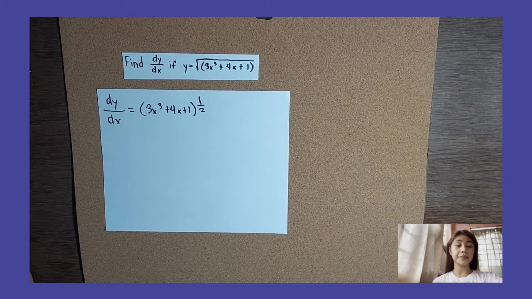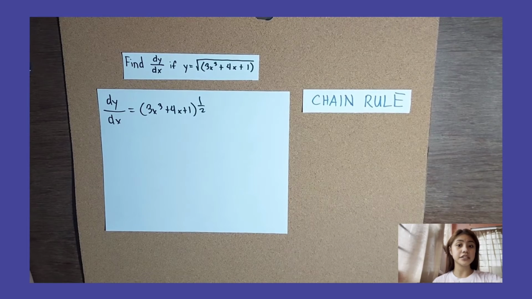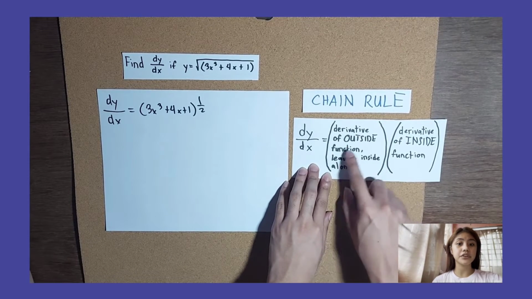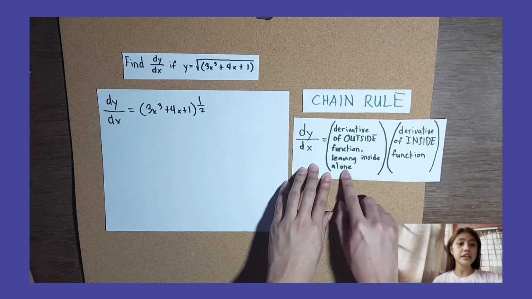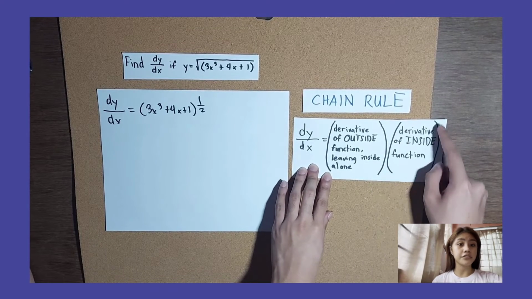The next step is applying the chain rule of differentiation. The chain rule is a process in determining the derivative of a composite function. Here, it states that we must take the derivative of the outside function, leaving the inside alone, and multiplying it by the derivative of the inside function.